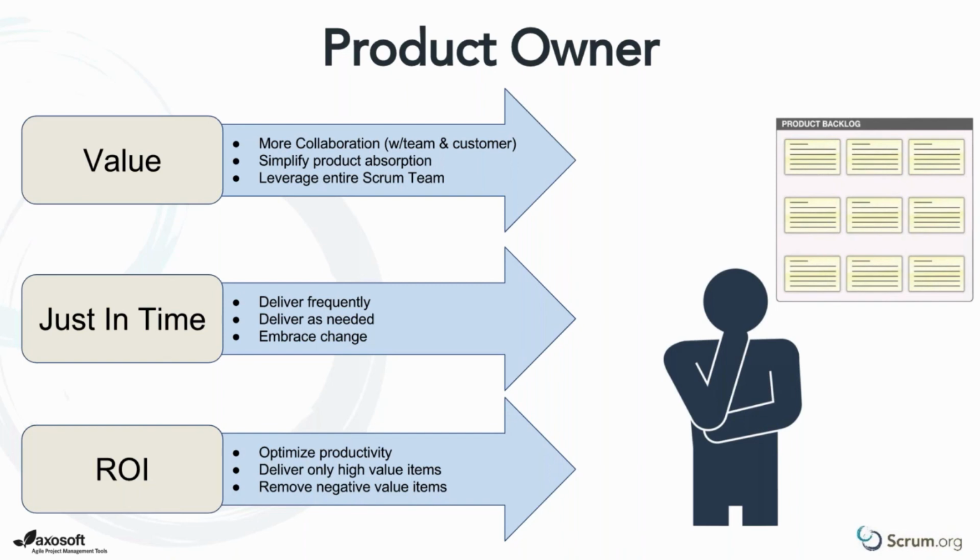Now, the product owner is ultimately accountable for the product, and they must be empowered to do that. They must be the person that is empowered to make those decisions. Now, do they do these things alone? Absolutely not.